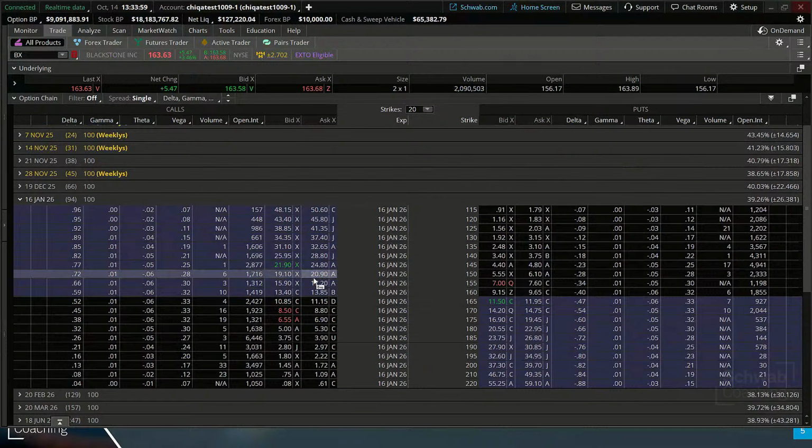For this one, I'm going to look at the 150 strike. I have light volume today, but I do have a tight spread, still less than 10% of what that option price is. That's what I'm using as a guideline for a tight spread. And this one has about $13 of intrinsic value.